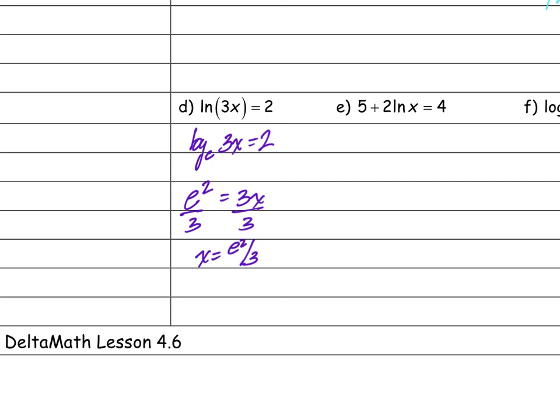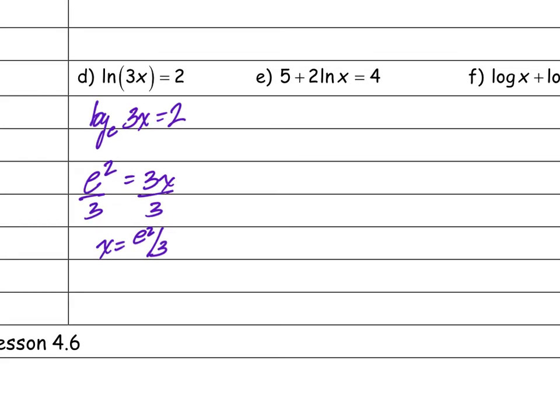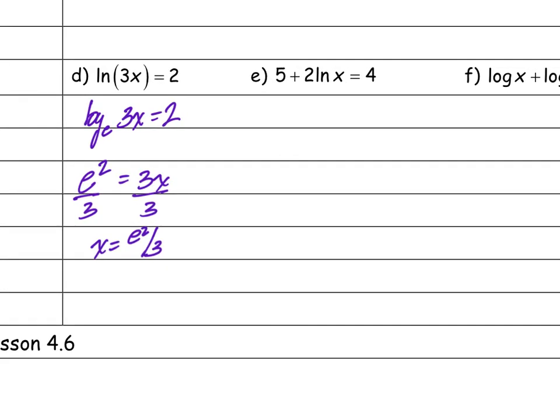Okay. And then part E, I need to get the natural log by itself before I can do anything. So the first thing I'm going to do is subtract 5. So I get 2 natural log of x equals -1.